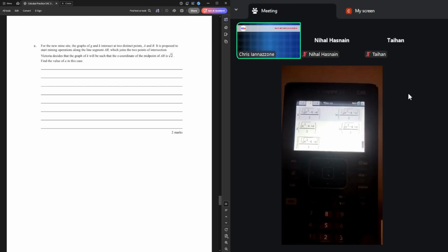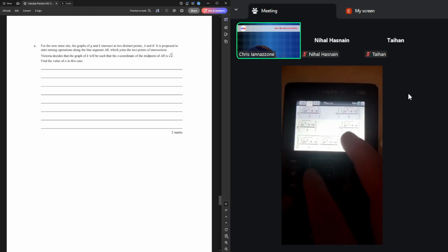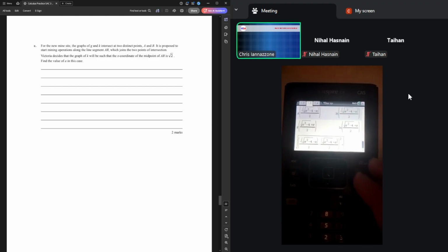So this is x coordinate 1, so it's the difference of them, the positive version, squared, plus g of both of those squared.